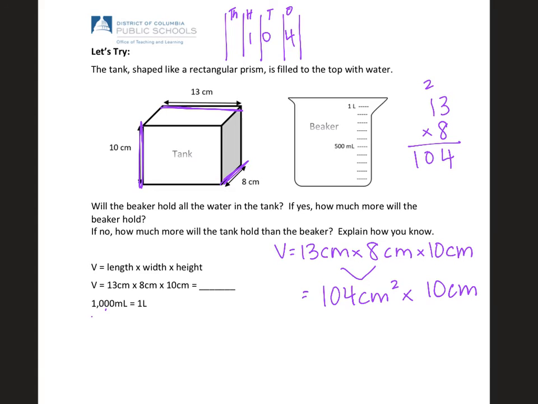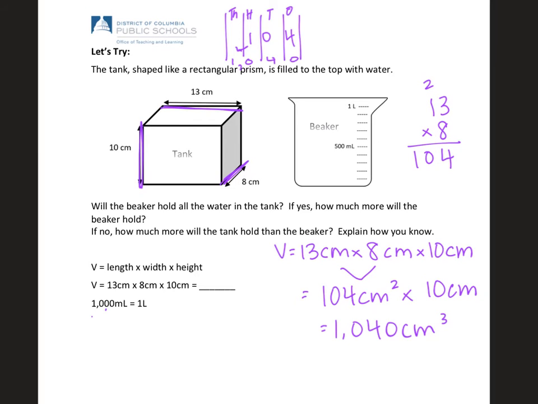And if we move everything one place to the left because we're multiplying by 10, we now have 1,040. So this is going to give us 1,040 cubic centimeters.